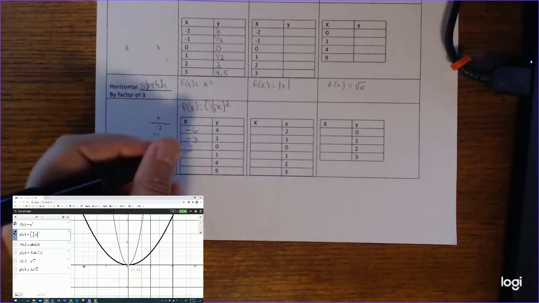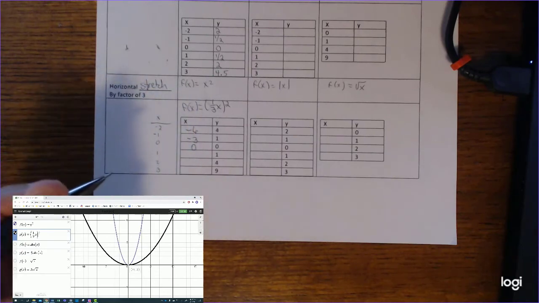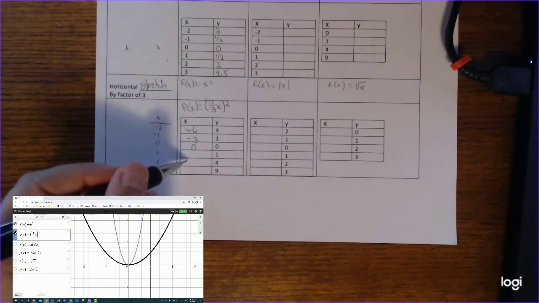0, 0 didn't change because we're talking about stretching and shrinking. All right, look at this point. Where is it? 1, 1. But now it's horizontally stretched, and this is 3, 1. That point right there is 3, 1.